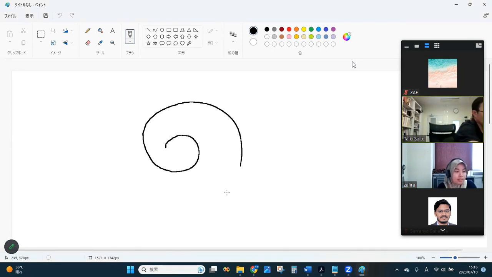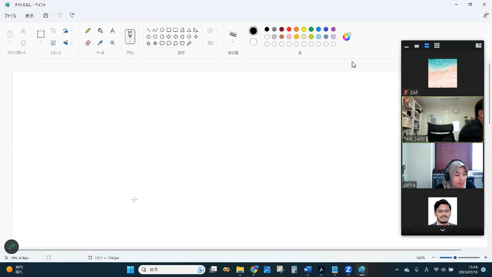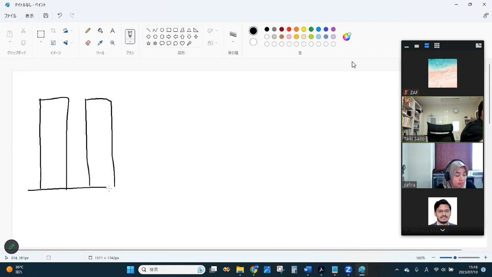Can you see my handwriting? Yes. Okay, two shear walls and coupling beam.